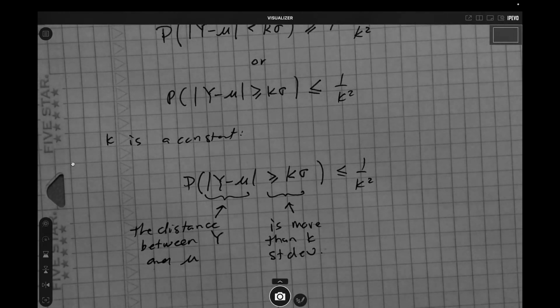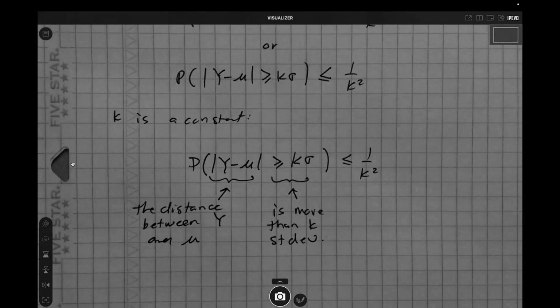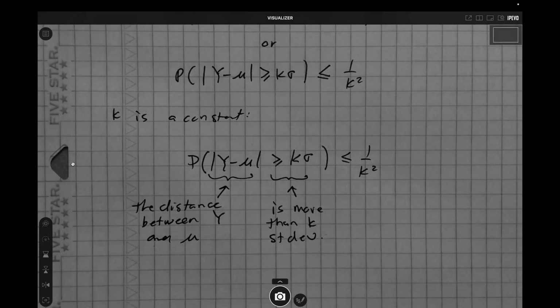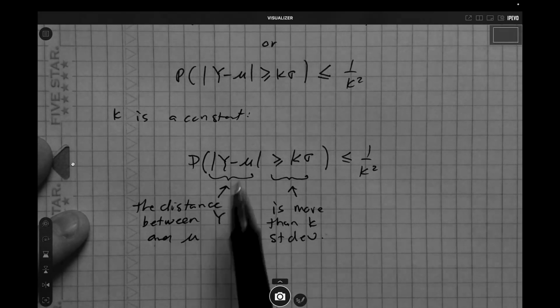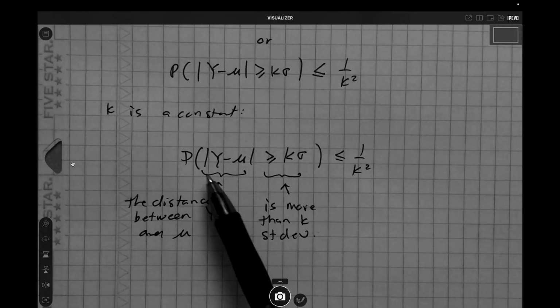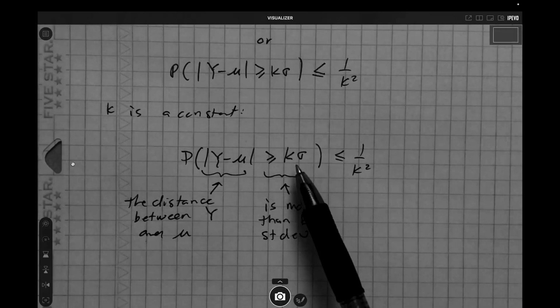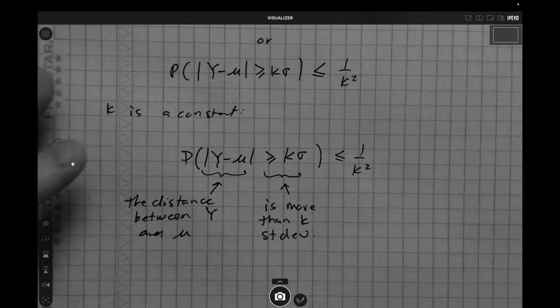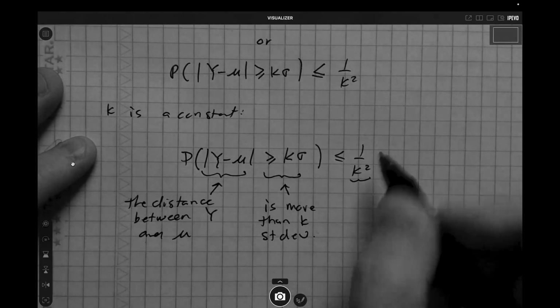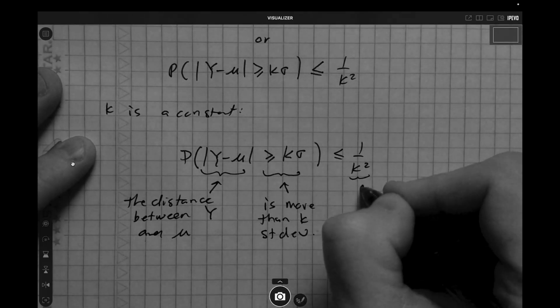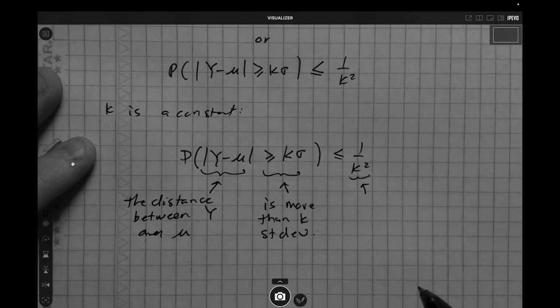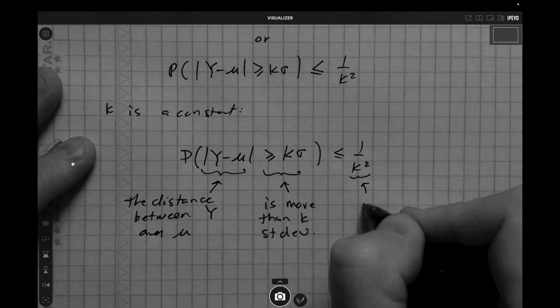Right? So we've seen that. If you've taken some elementary statistics, you'll definitely know 1 standard deviation, 2 standard deviations, 3 standard deviations. So all this is saying is that the probability that the distance between the random variable and the mean is greater than k standard deviations. And what's really nice about this is that that k carries over here, and we're saying it's less than 1 over k squared.